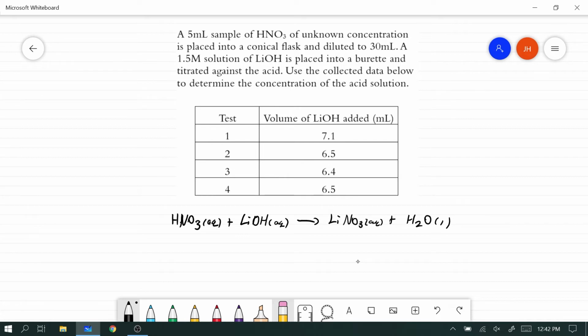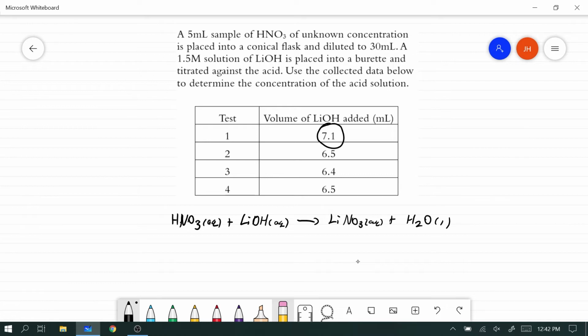The next thing that I want to highlight is our results here. So what we should be able to see is that test 2, 3, and 4 have really similar volumes, whereas test 1 has a volume that's slightly different. Usually in our first test, we find that we over-add our base and end up going beyond that equivalence point. In fact, a lot of people will just treat test 1 as a way to get a rough gauge of where the equivalence point is.